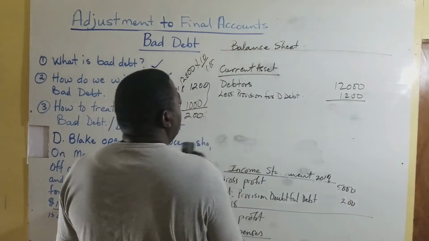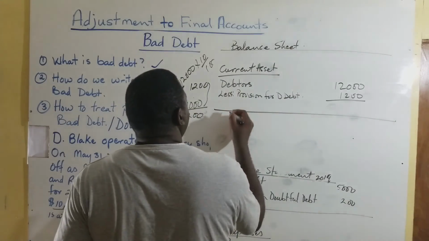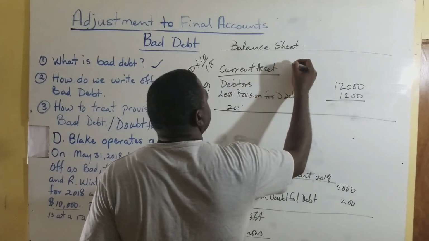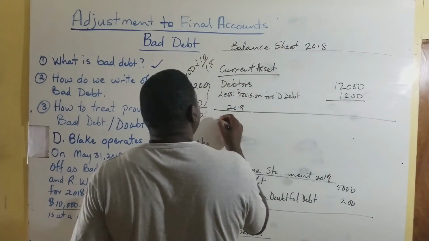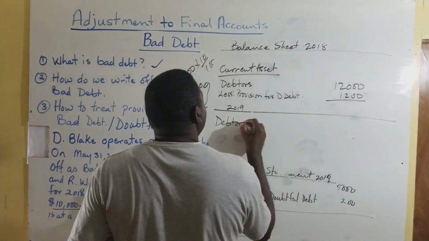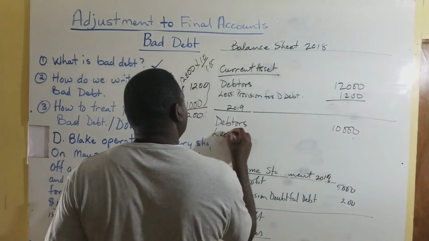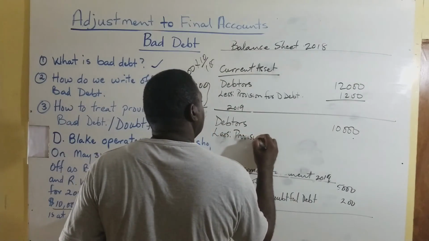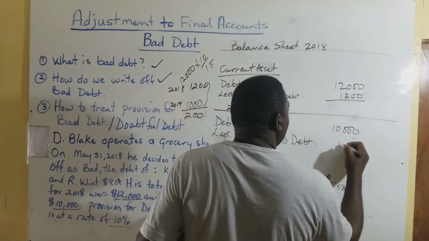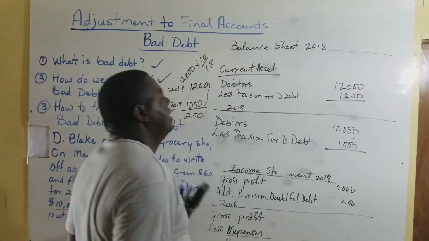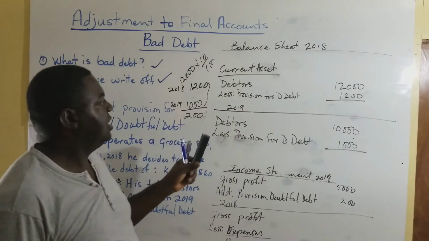For 2019, you would have debtors of 10,000, and you would less the provision for doubtful debt of 1,000. That is basically how it will be treated for each year in the balance sheet.